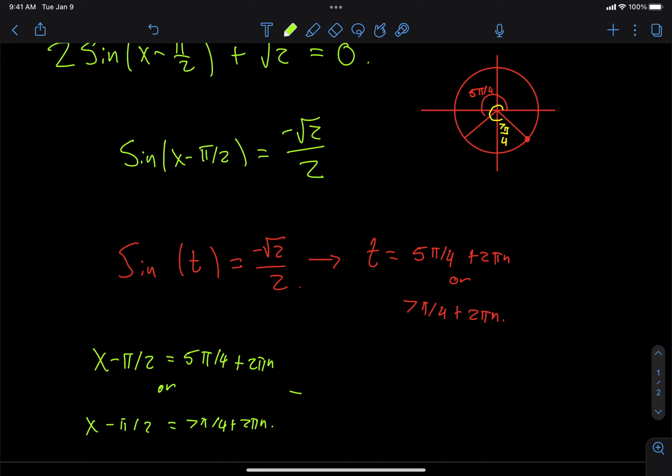Okay, so if we just add pi over 2 to both sides, we get that x should be equal to, so pi over 2 is 2 pi over 4, so this would be 7 pi over 4, or 9 pi over 4. Of course, 9 pi over 4 is coterminal to pi over 4, so probably I would rewrite this not as 9 pi over 4, but as pi over 4.